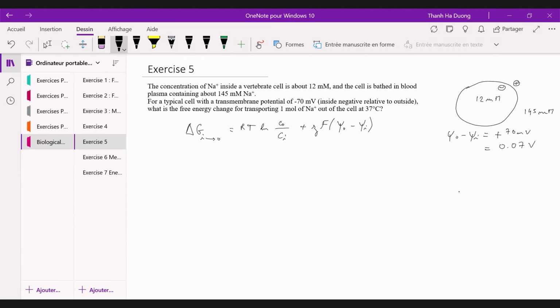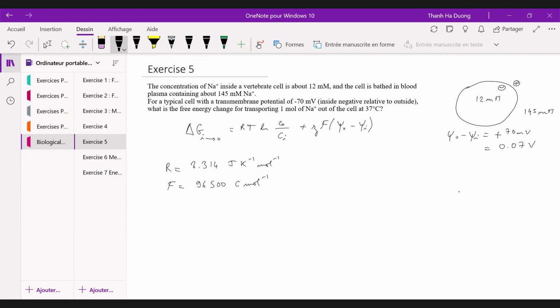Okay, so you have to calculate the delta G. Let's say that the R is the usual gas constant, the F is normal.